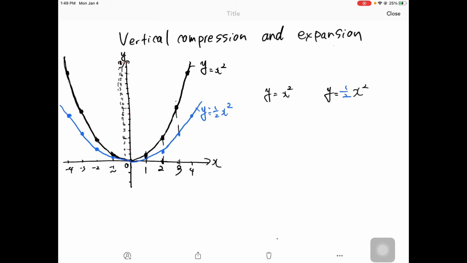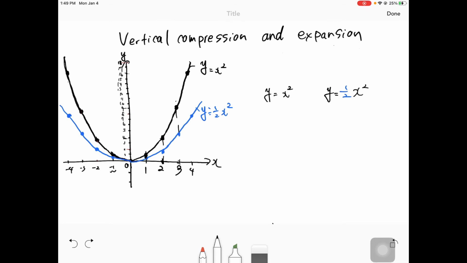Let me give you another example. I sketched the graph y equals 1 over 2 x squared instead of y equals 2x squared. What's the difference between these two? Same as the case of y equals 2x squared, if you put down this graph, you can sketch the graph of y equals 1 over 2 x squared. And if you focus on all points, they are pushed down in this case. And how much they are pushed down differs depending on the points.